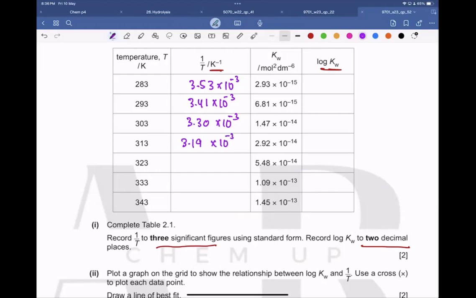Next one, please. 3.09. So after 9, what is the number? Can you tell me, Maheen? So you will round off to 3.10, because it's 5 or greater than 5, so we round it off. Okay.